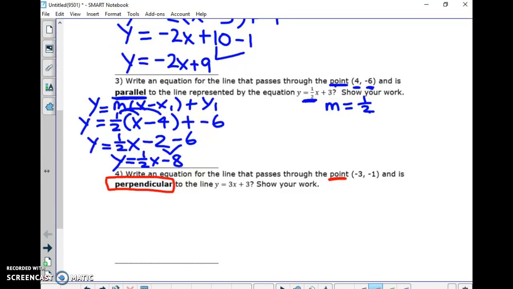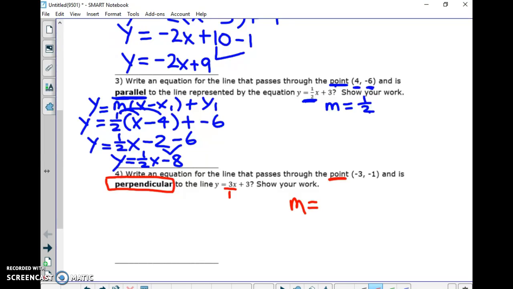So I write that as 3 over 1, right? So the fraction for the slope is 3 over 1. But I'm supposed to have it perpendicular. So y'all tell me, what are the two changes you do to the slope for perpendicular? Okay, I change the sign, positive, negative changes, and then I take the fraction and I flip it, right?